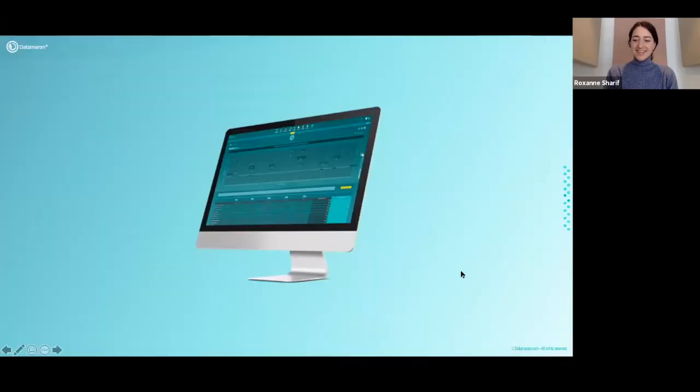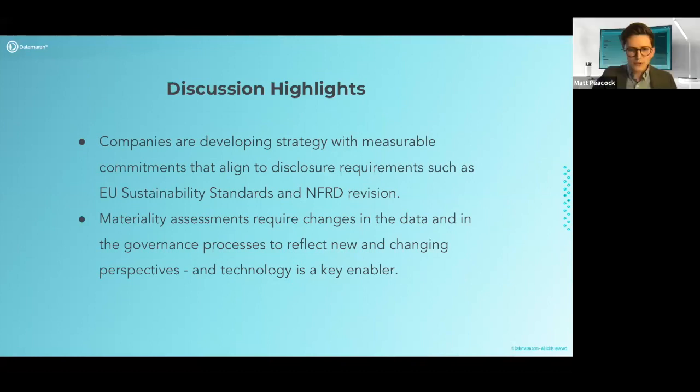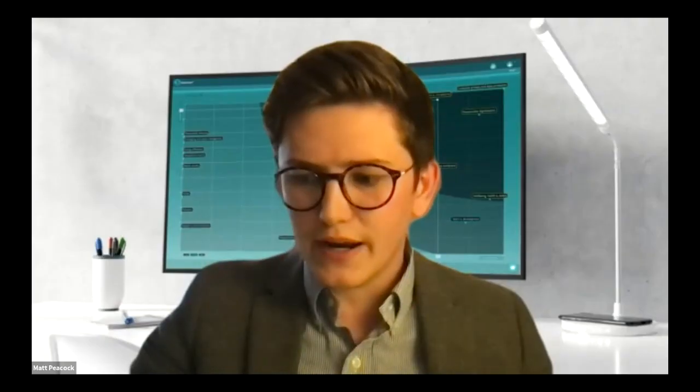I'm sure we've gotten quite a few questions at this point. I saw some coming in at the very beginning. One of the questions we got was asking what is the best way to visualize a materiality assessment that takes into account double materiality.